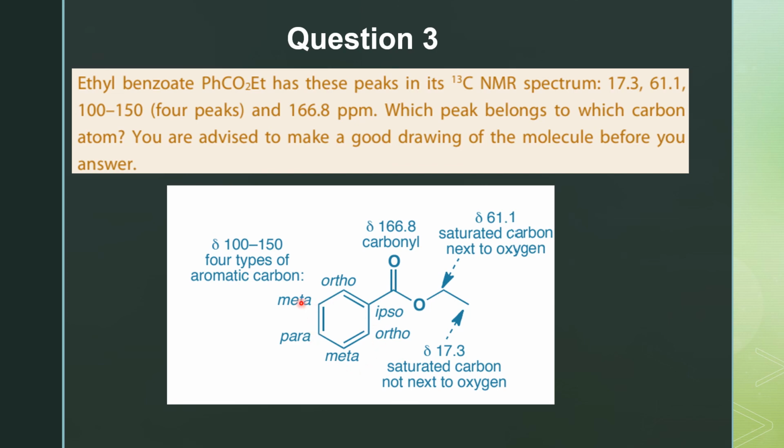So 4 types of aromatic carbon are there. This is the 4 signals. Only 4 signals you will get, because these 2 are same, these 2 are same, these 2 are different. That's why 4 signals of aromatic carbon are there. So that will come around 100 to 150.